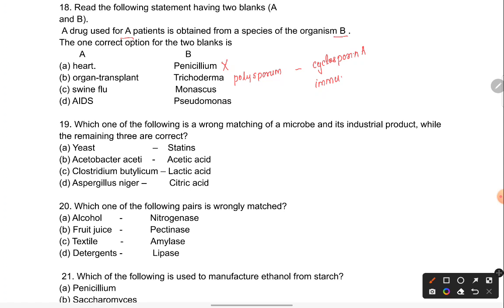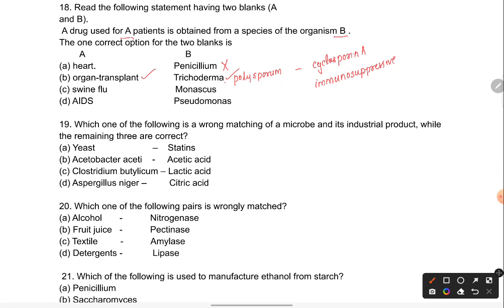This can be used as an immunosuppressive agent, used for suppressing the immune system during organ transplantation. So the correct option is which one? A drug used for organ transplant patients is obtained from a species of the organism Trichoderma polysporum. So the second answer is right. B is the correct option.